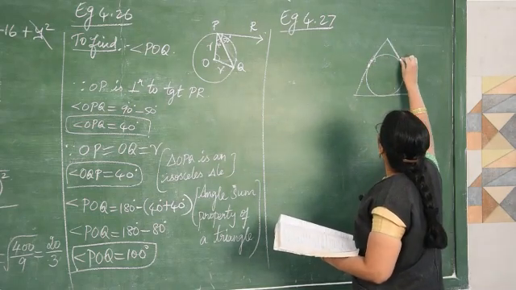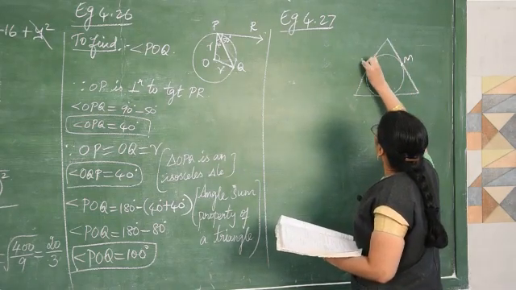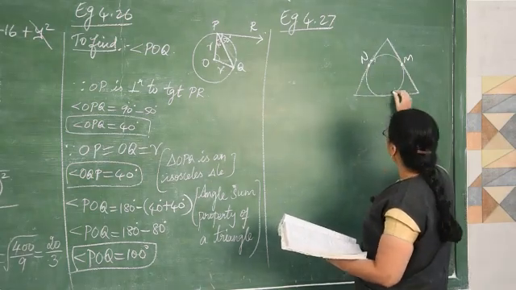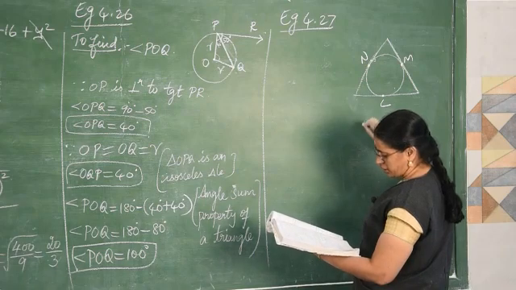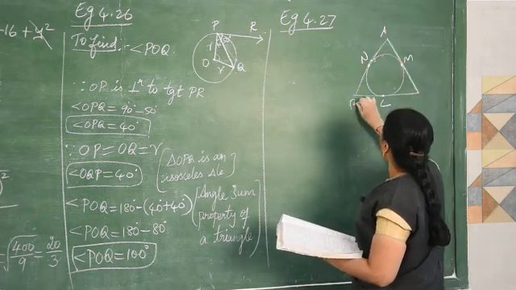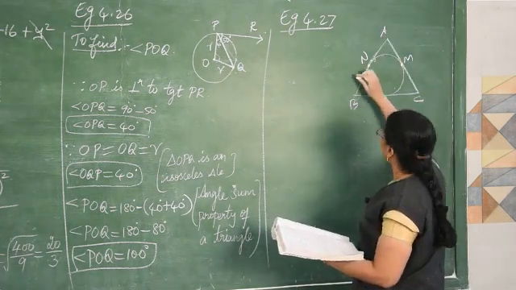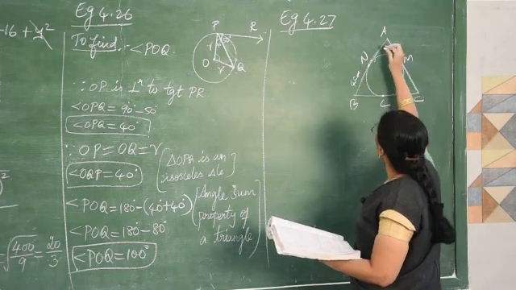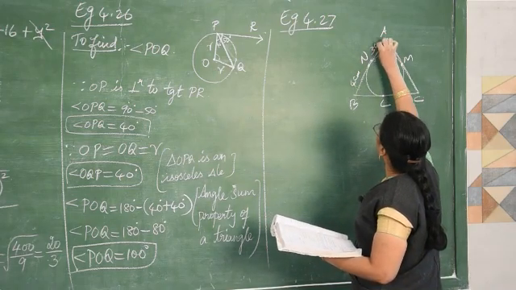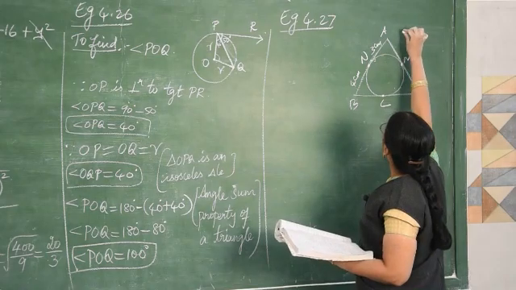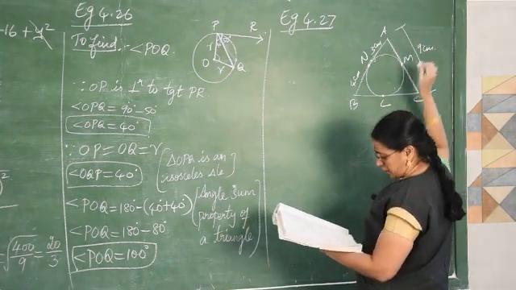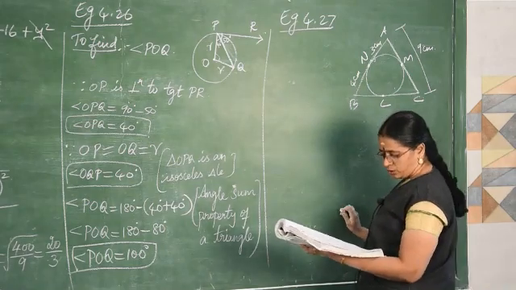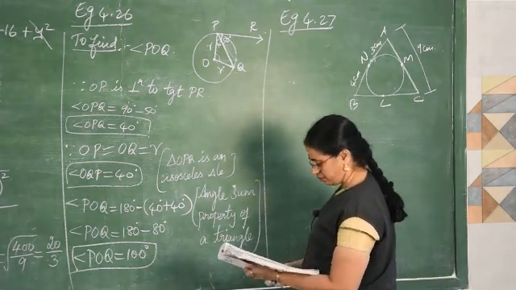Here it will be intersecting at the points M, N, L, and some measurements given here. Triangle ABC given, some measurements here 4 centimeter, N to A 3 centimeter, and total length of AC 9 centimeter given. To find the length of BC.